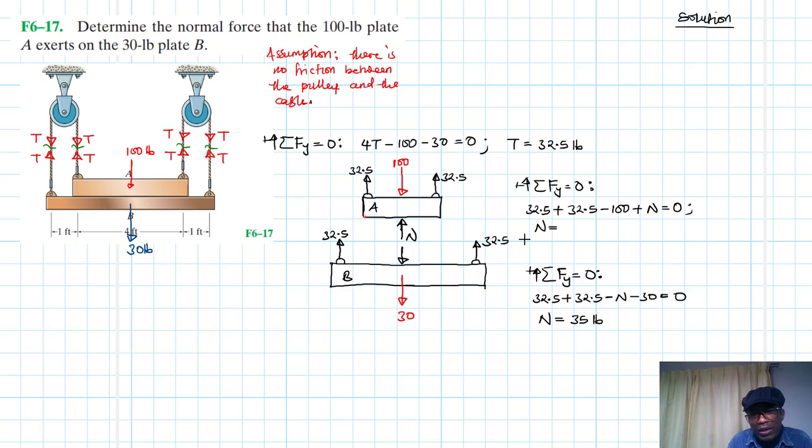Our N here is going to be equal to 32.5 by 2, and then minus 100. Then we get N equal to 35 pounds. So it doesn't matter which one you use, you still arrive at the same solution. So our N, which is the normal force that the 100 pounds plate exerts on a 30 pounds plate B, is equal to 35 pounds.